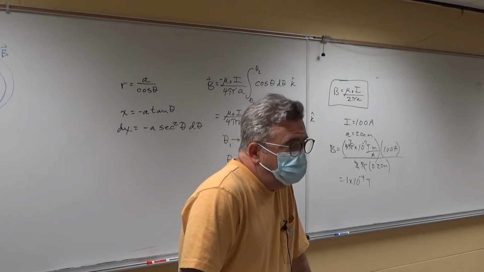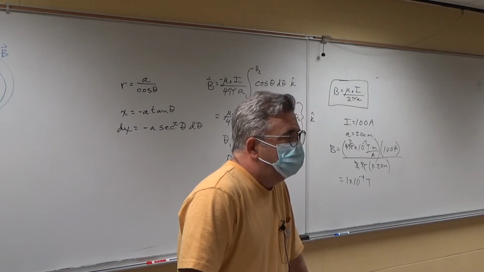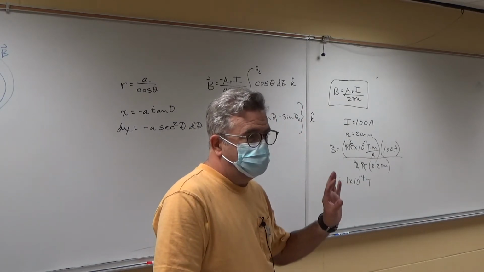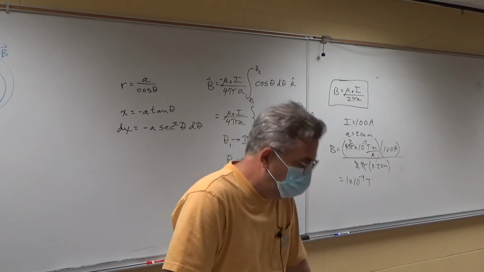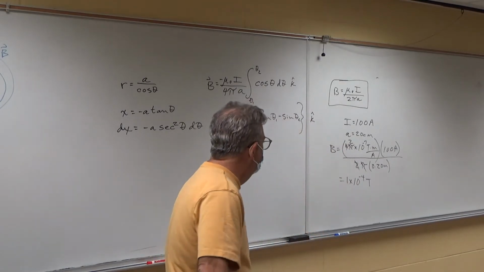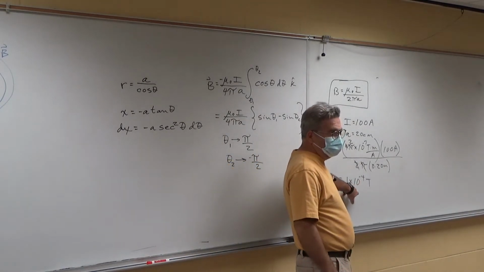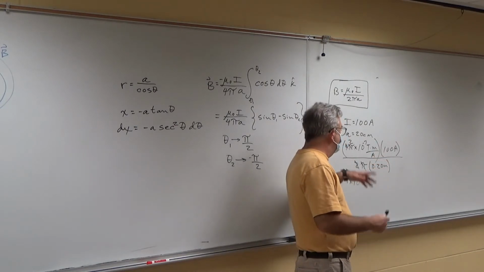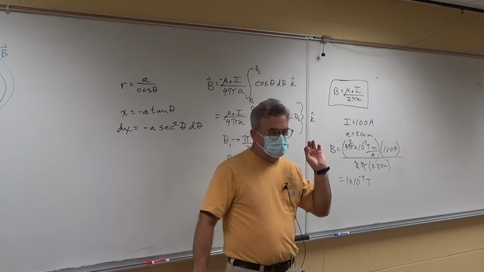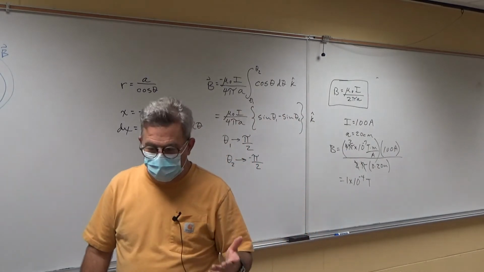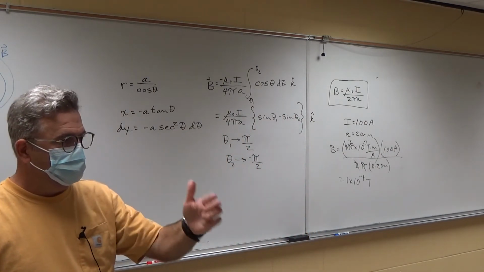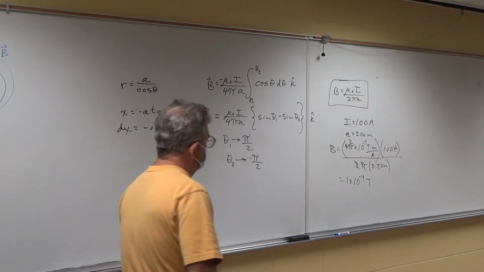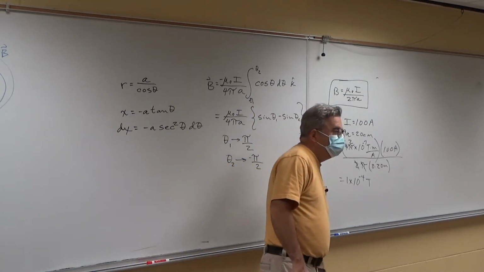The Earth's magnetic field, which is very weak, is generally about a half a Gauss to 1 Gauss. 10 to the negative 4 Tesla is a Gauss. So here's a Gauss.